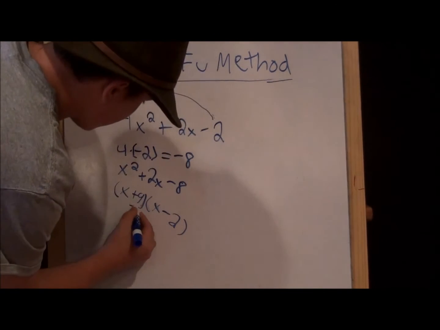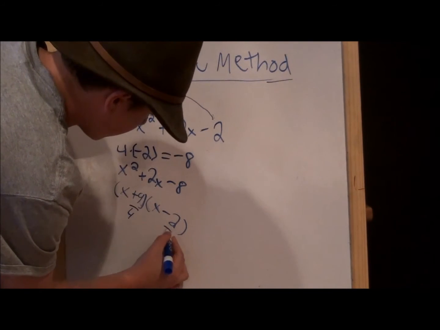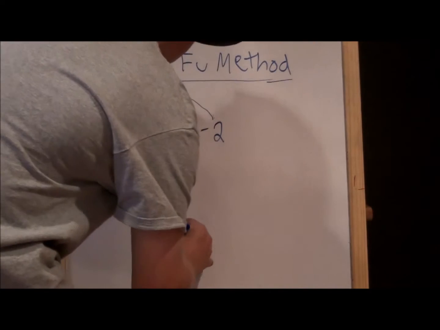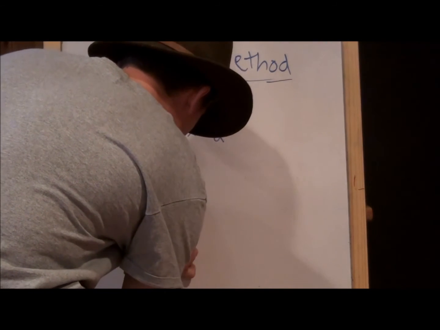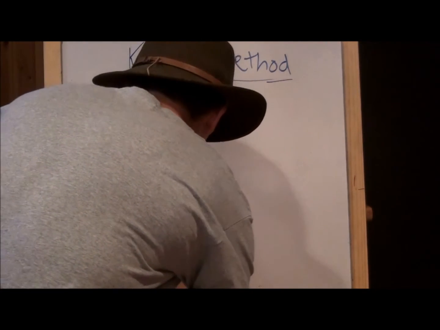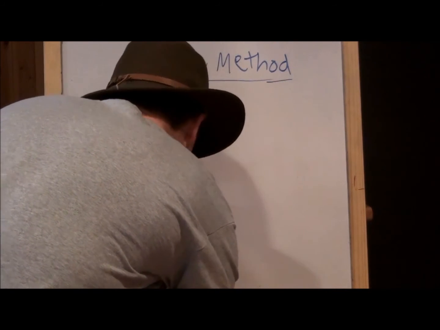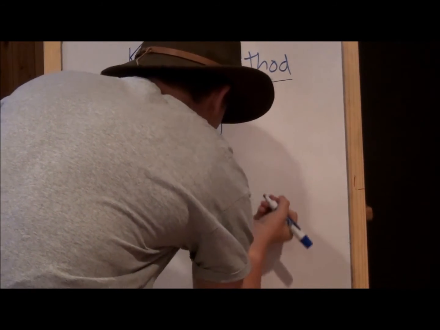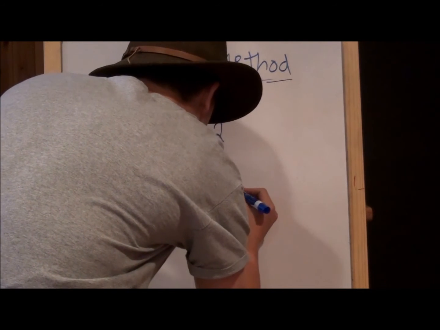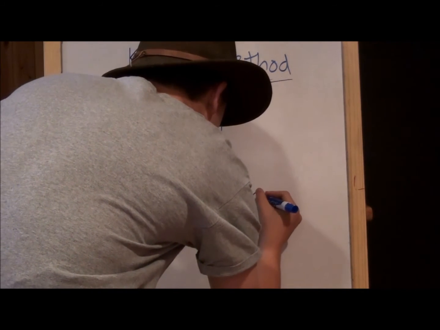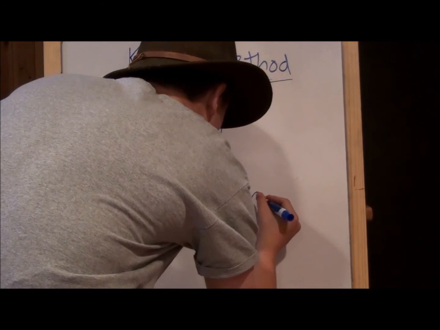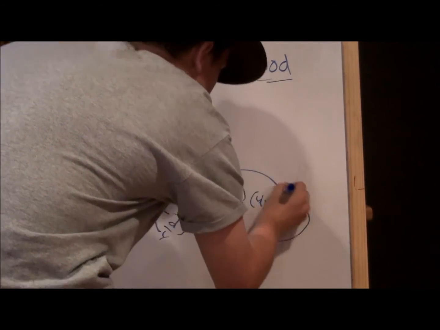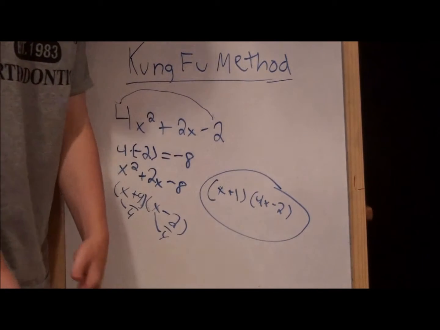You put them over 4, and you multiply them by the denominators, so you get x plus 1 times 4x minus 2. And there are your two factors.